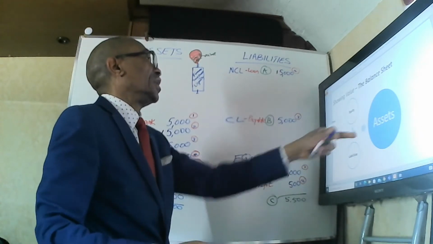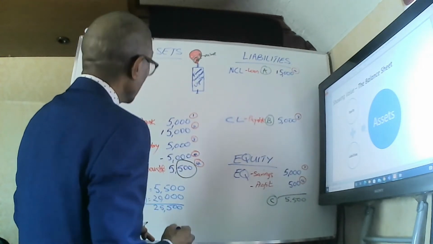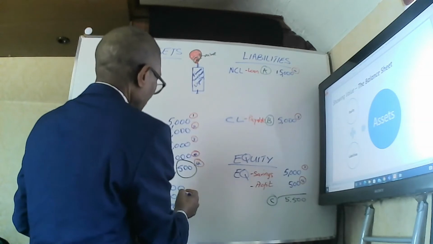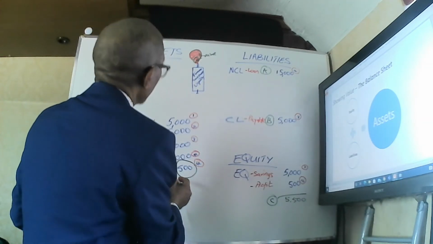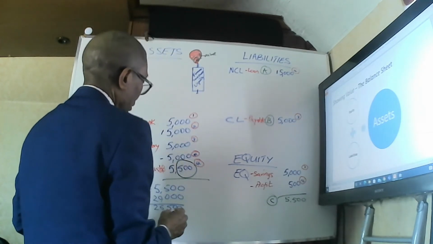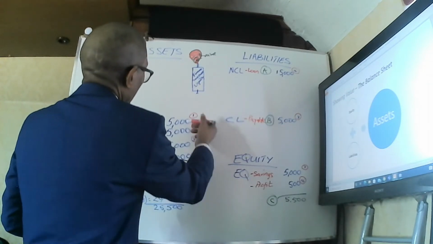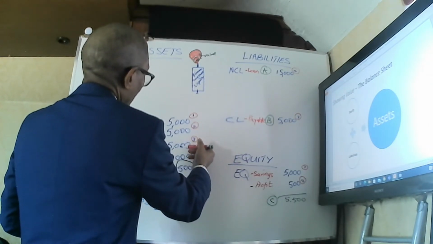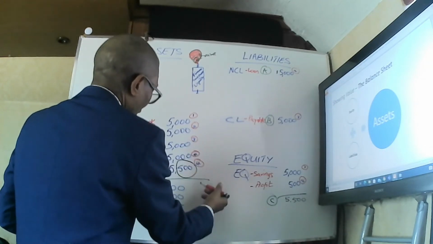And they say the both of them equal my assets. So what's my asset here? All this together are my assets. So let's add them all up together. Remember, same thing. 20, 25, all right? 20 again, 25,500.